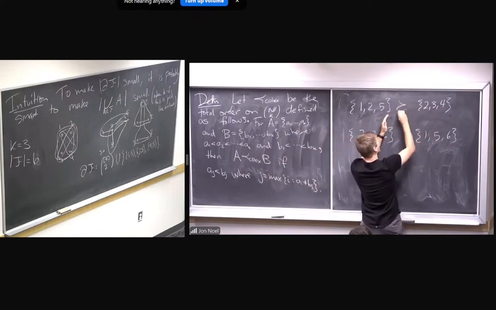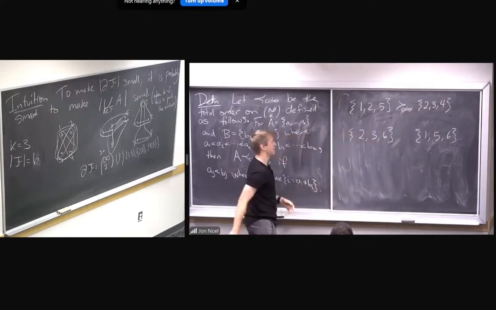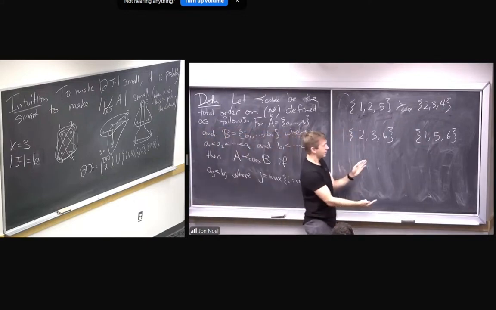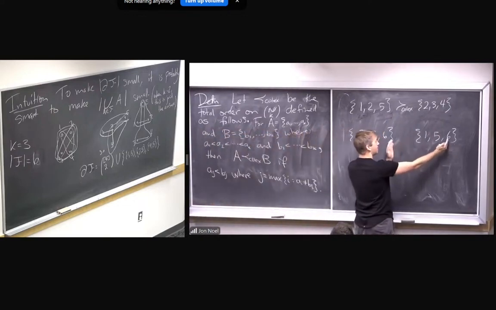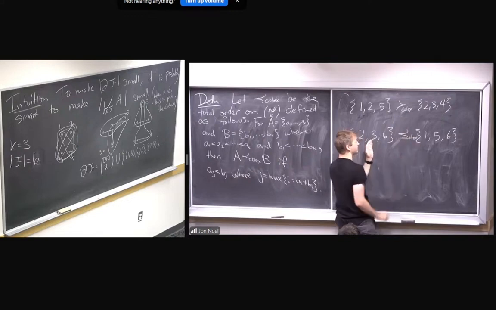So that's the bigger one. And then again here, we go from right to left. We see equal here, so we do nothing. We go to the next thing. That one's bigger. So we go that way.